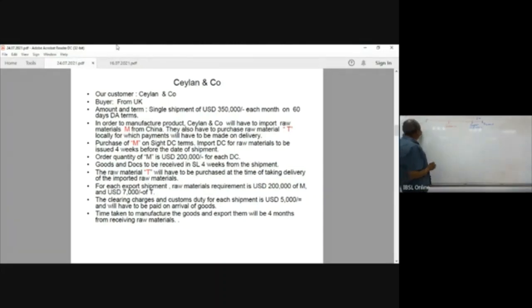When M comes here, they will receive the goods plus documents of M. Plus, they have to buy T locally.